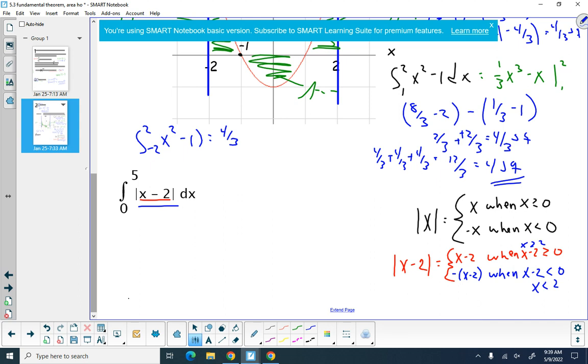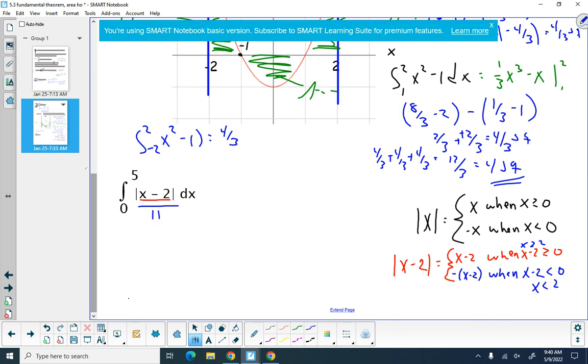So what this tells us is how we can clear our absolute value out of there, by utilizing this right here. The absolute value of x minus 2 is equal to x minus 2 when x is greater than 2. It's equal to negative of x minus 2, the opposite of x minus 2, when x is less than 2.